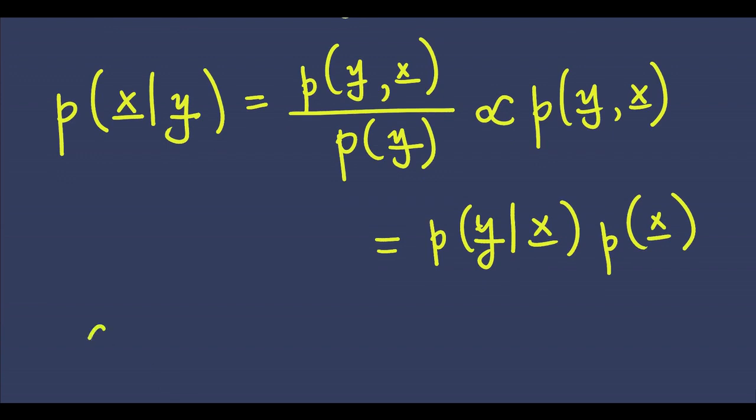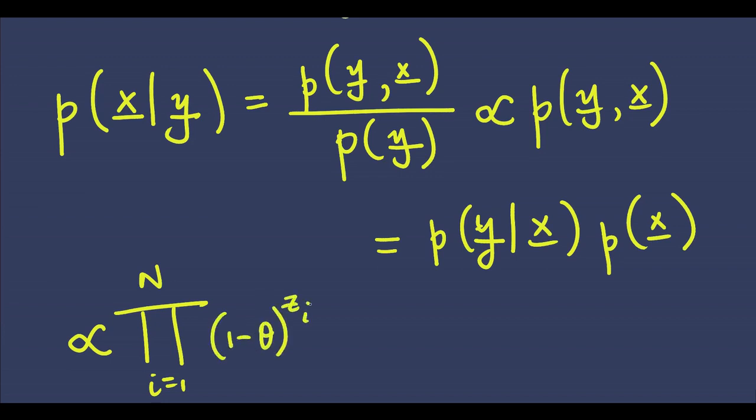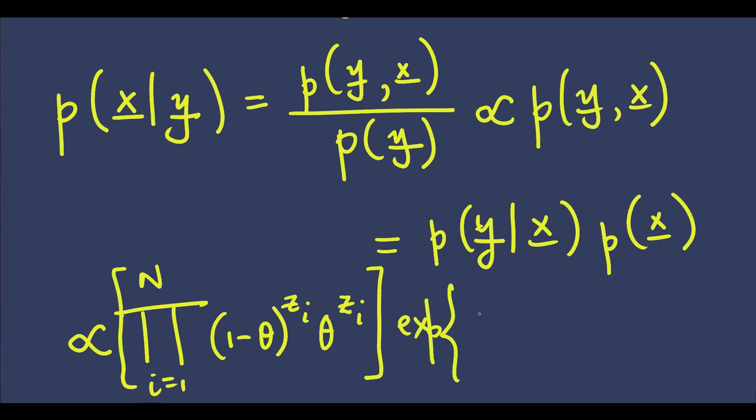This tells us that the conditional of the true image given the noisy image is proportional to a product over all pixels of the likelihood that pixel i is flipped, multiplied by this autologistic model.